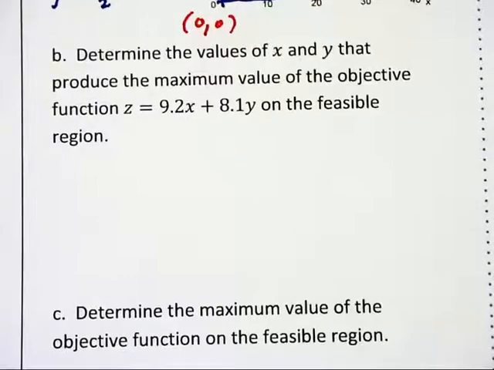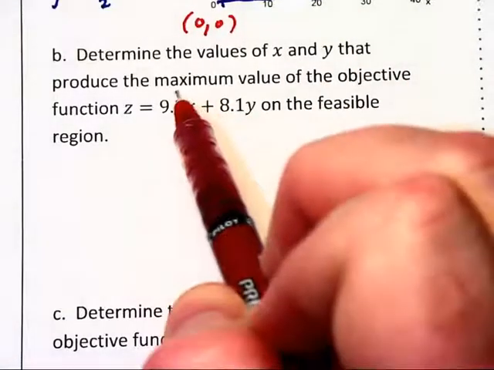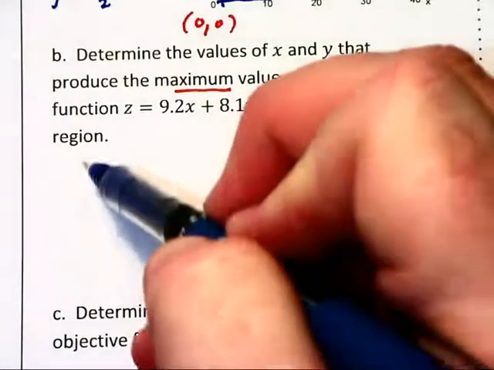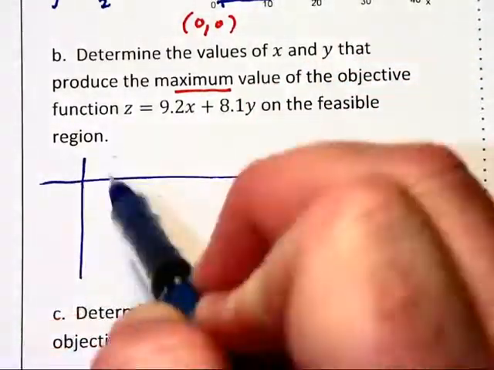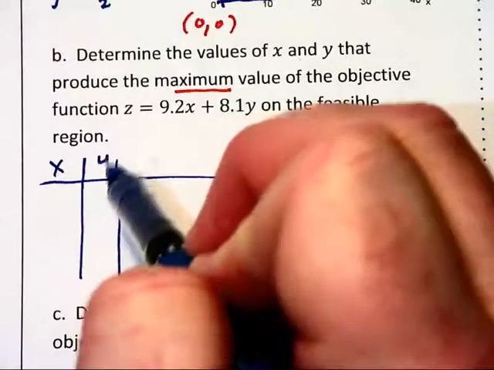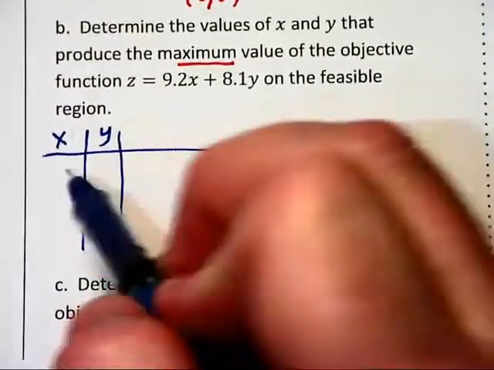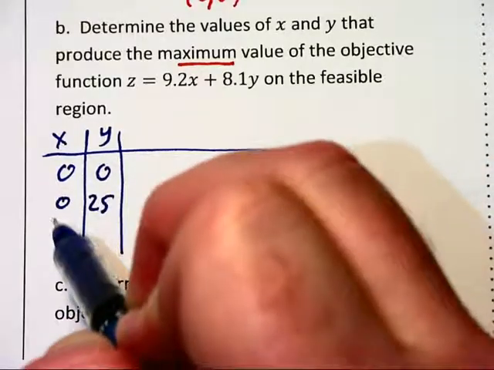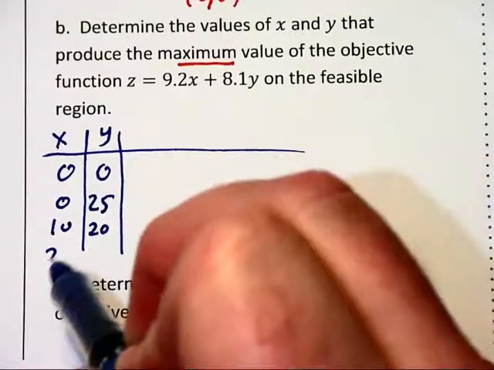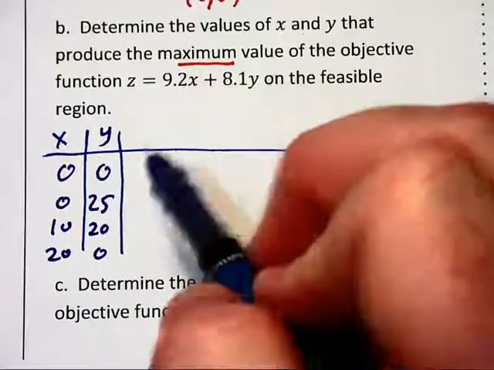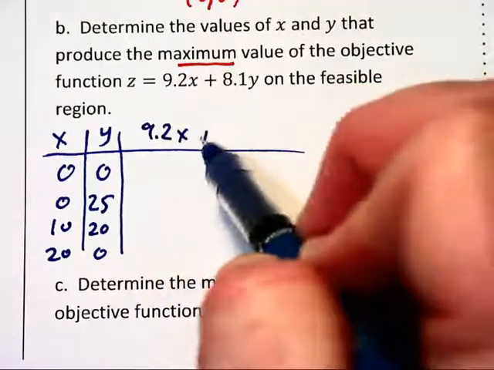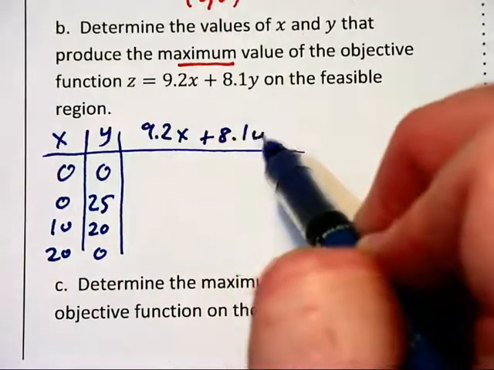Now we are asked to find the maximum value of this objective function, and that means we will need to create this chart again. Starting in the bottom left corner we'll have the origin. Going clockwise we have 0, 25, 10, 20, and 20, 0, and they're being substituted into 9.2x plus 8.1y.